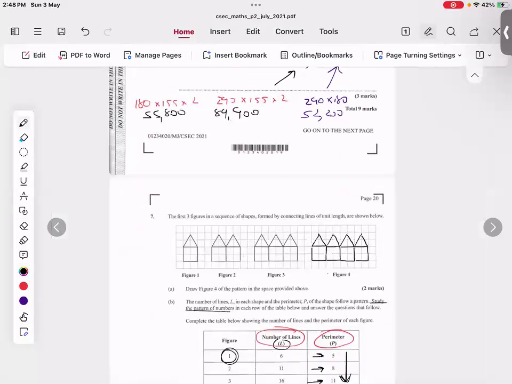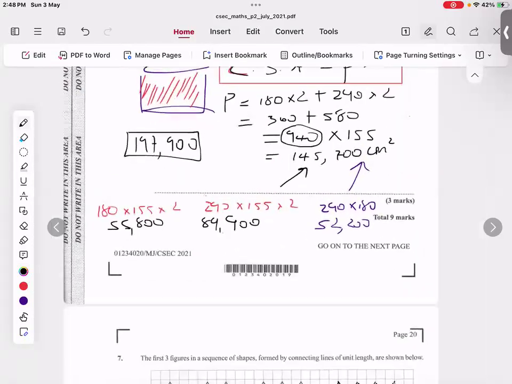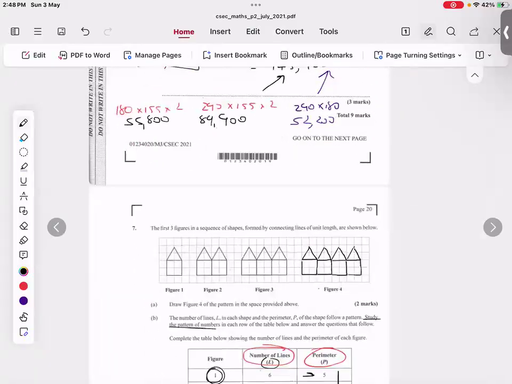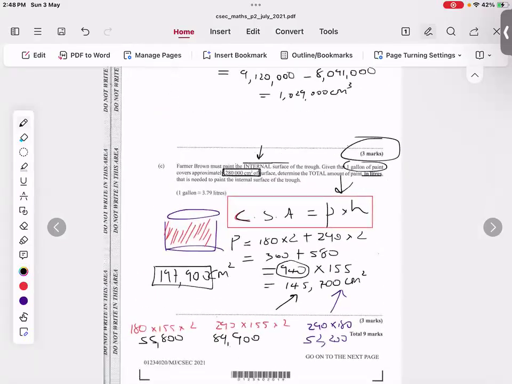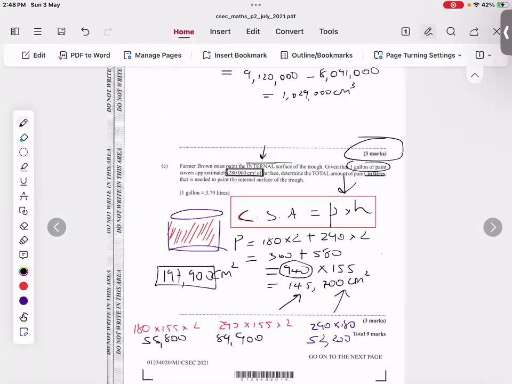So now that we know the amount of square centimeters, that is now the area of the internal surface. Let's go back up here and reason now. It says 1 gallon of paint covers this. Not true?